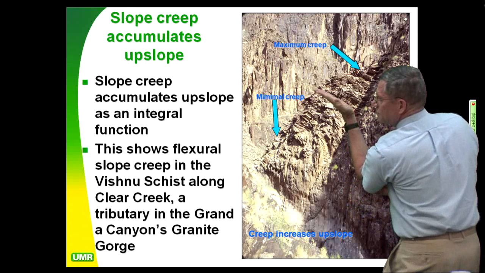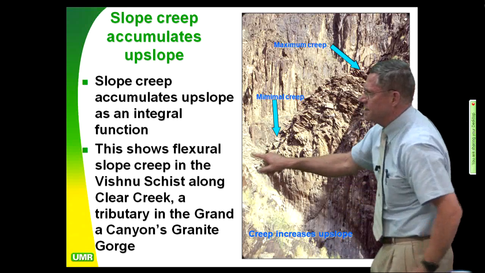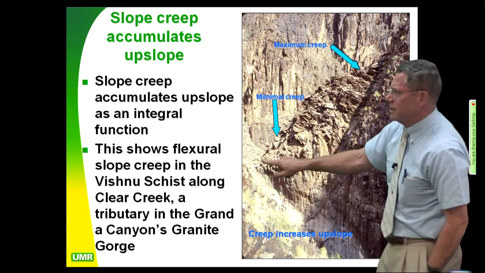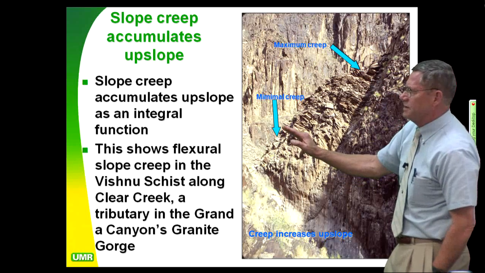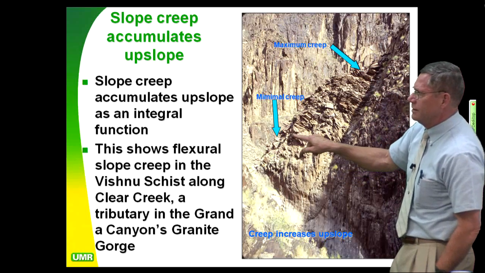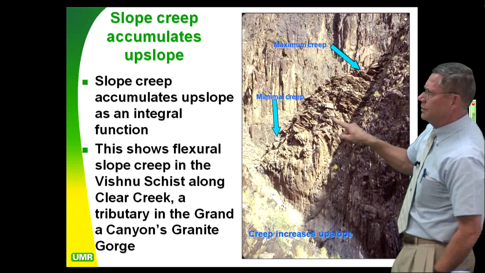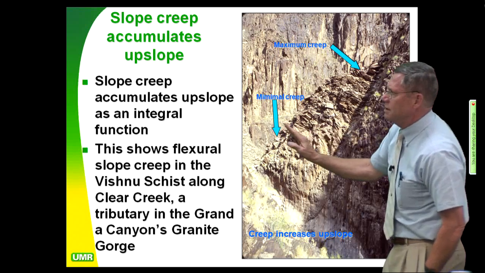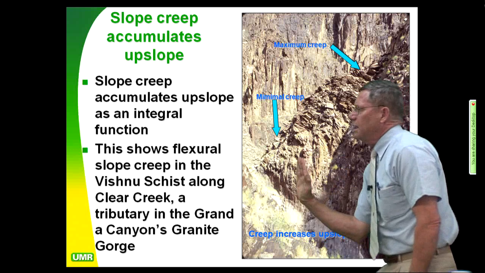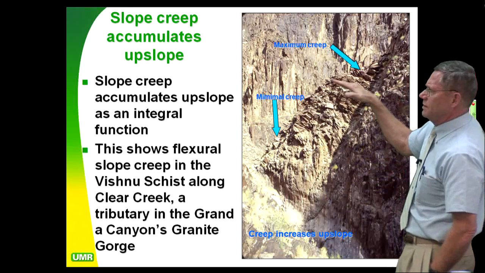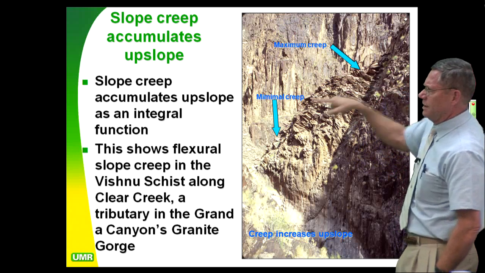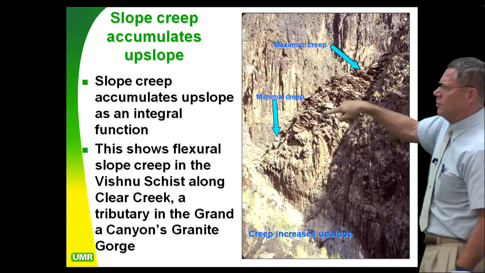We call this a flexural topple, but what I want you to notice is this is where it's initiating, down here in the bottom of the channel, and as you go up, you see the hinge line getting deeper, deeper, deeper, and you see this thing coming up and then turning over, and it's getting more severe, more severe, more severe, very severe. That's the integration as you go up slope.